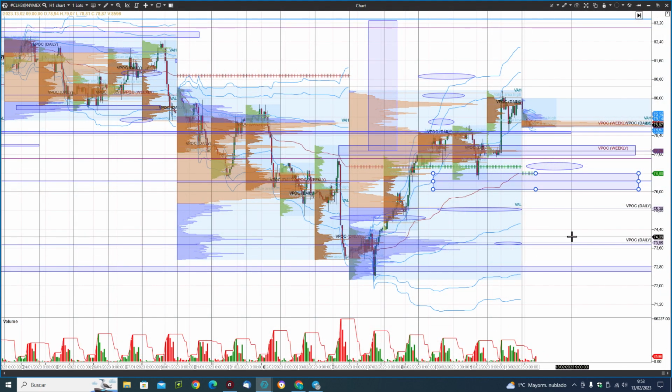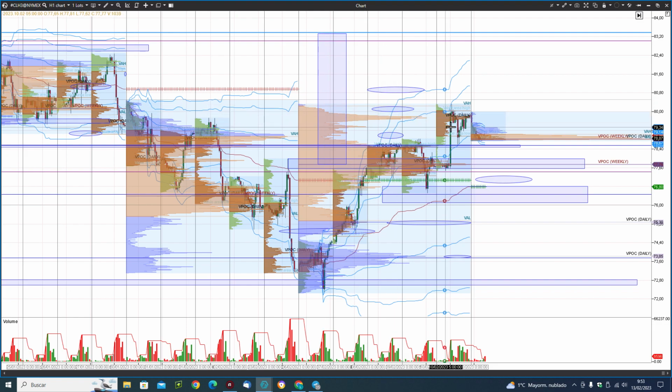Okay, let's see what happens with light oil. Light oil, we talk about this structure, this profile, we can see that the value area high is on the upper zone. We can see also in the upper zone the weekly VPOC. Here we have another high volume node.